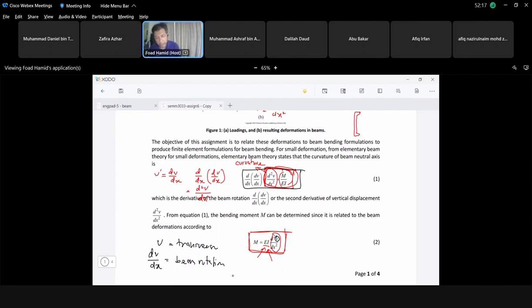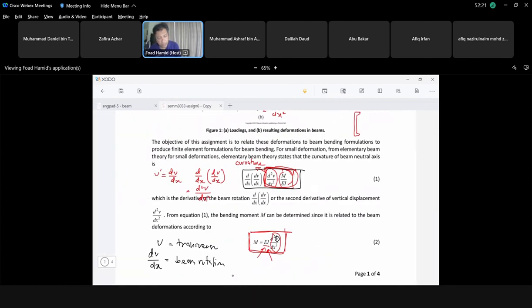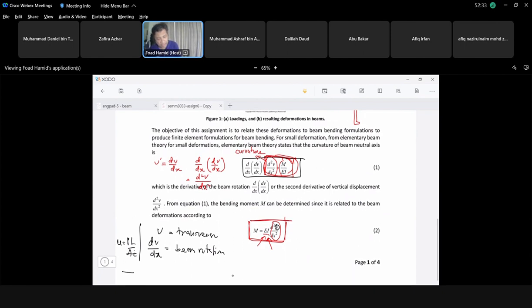So again, for the bar, what we have is only U, which is TL over AE. But for the beam, we have two quantities that we can find. And for the bar element, we have Q1 and Q2.